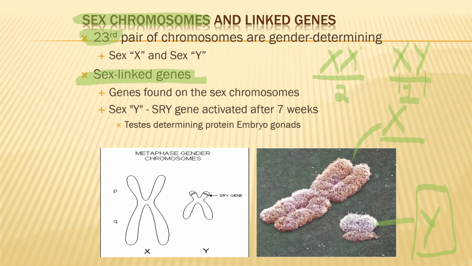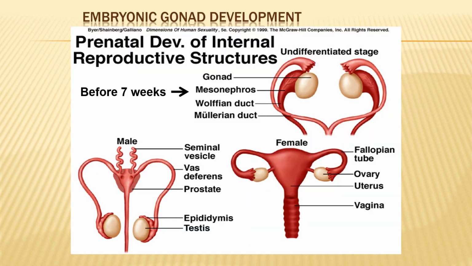The sex chromosomes, your inheritance of sex chromosomes determines your sex. So if you have a Y chromosome, there is a gene on the Y chromosome called the SRY gene. And at about 6 weeks after fertilization, it is activated and it turns the embryonic gonad into testes.